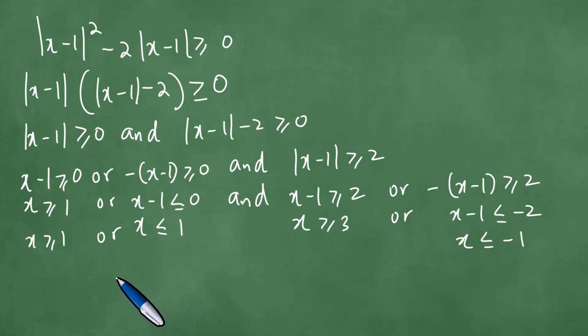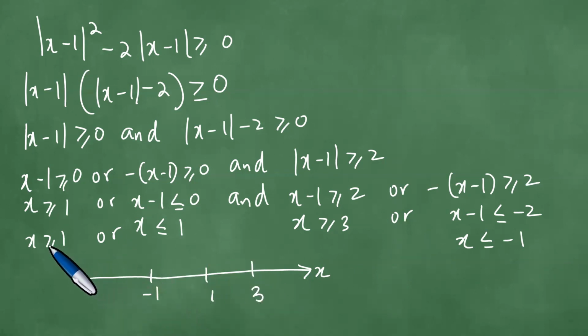Right, so we can look at what we get out of all this. We can draw a number line like this. We're going to put a -1 here, a 1 here, and a 3 here. Now if you consider x greater or equal to 1, you're going to have this.